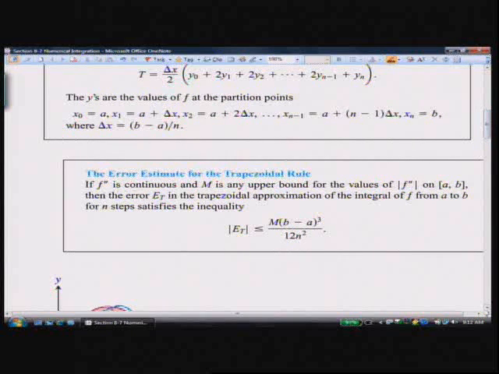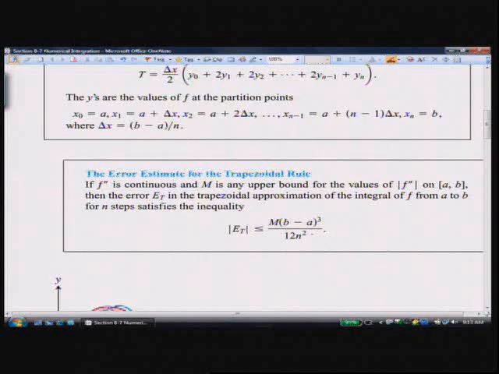But if f double prime is continuous on a to b, and M is an upper bound for the values of the second derivative from a to b, so you're going to take the second derivative and maximize it, then the error approximation from a to b for n steps satisfies this inequality. It's always going to be less than or equal to that upper bound times the length of the interval cubed over 12n squared.